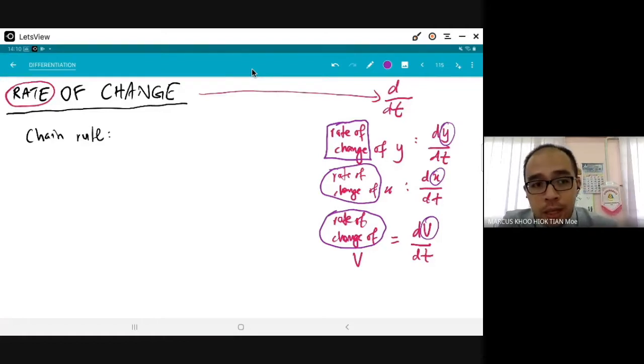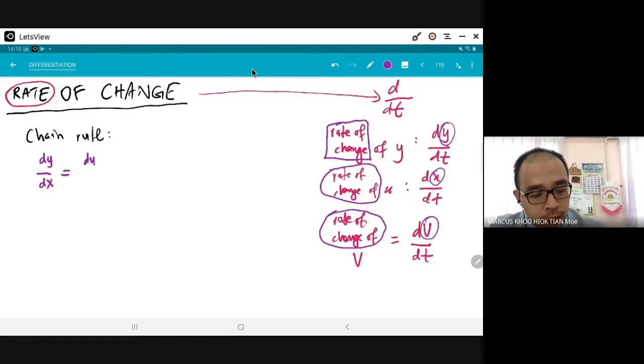Okay, the second one is I want to go back to, sorry, I want to go back to when we talk about the chain rule. Okay, remember the chain rule, if we want to count dy dx, we introduce a new letter, right? So it'll be dy du times with du dx. Okay, we call this the chain rule.